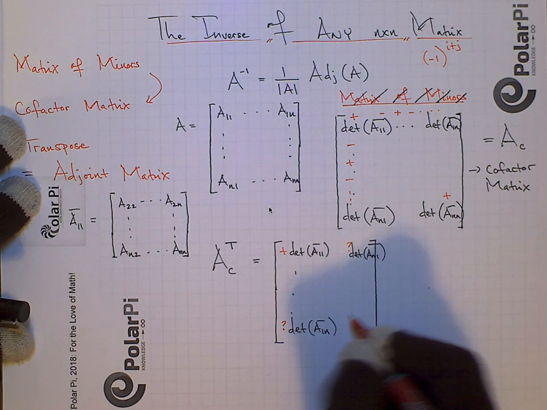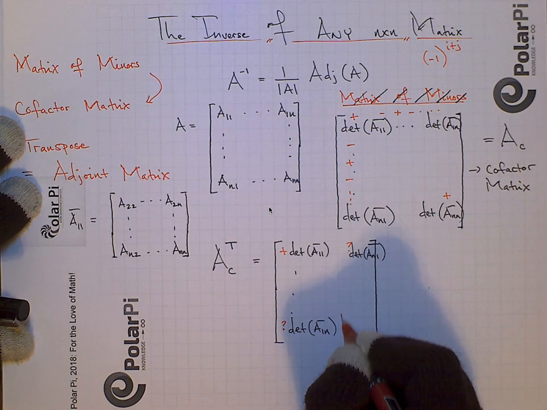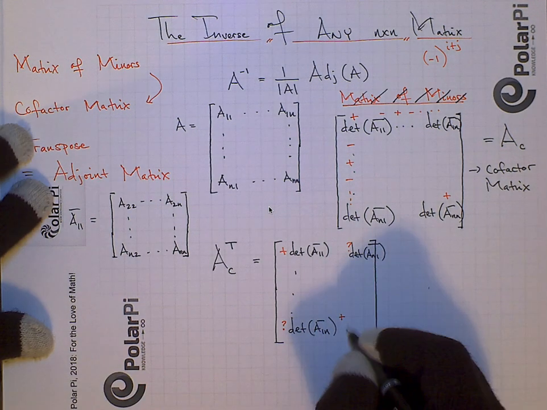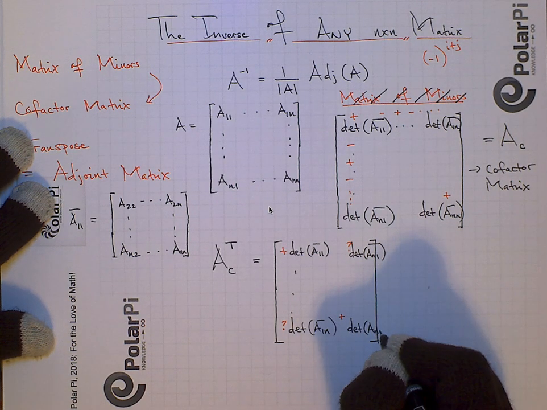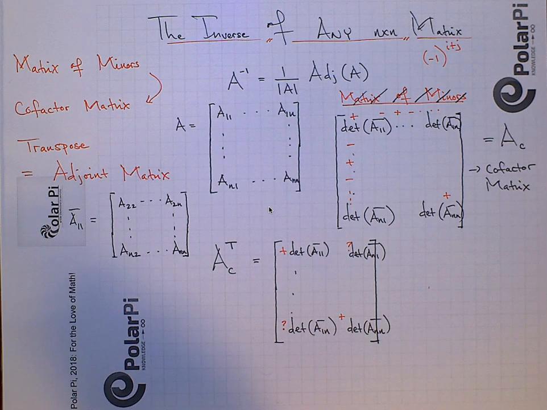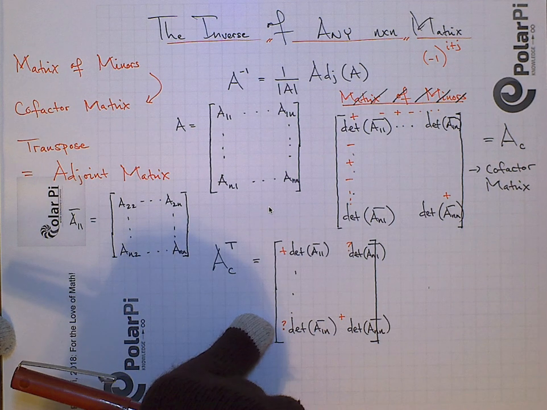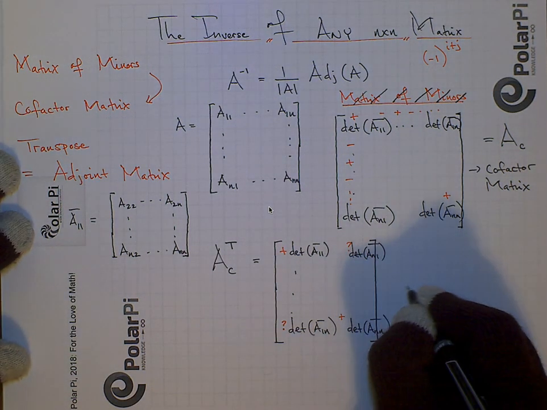And then this last guy is going to stay where he's at, so it's going to be plus, and then it's going to be the determinant of Ann bar, right? Okay, cool. All right, so that's the transpose of the cofactor matrix, and therefore at this point you've got yourself the adjoint matrix.